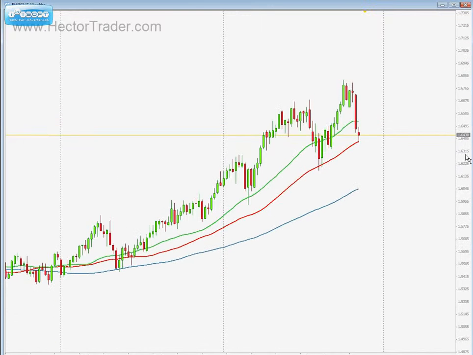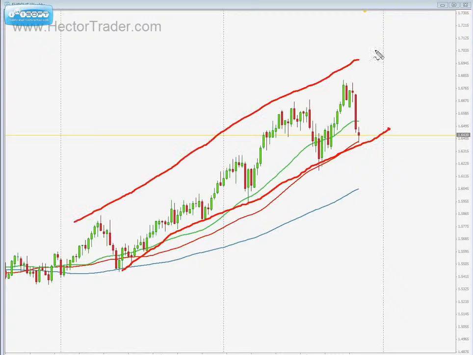But if we really want to have a sound trade plan, we have to be aware of what's actually going on as a whole picture in that currency pair in all the time frames. I reckon it would not be a good idea to take that short entry on the 1 hour time frame. Okay, in the weekly chart we are clearly uptrending. All right, actually it's also a channel, but nonetheless we are clearly uptrending.